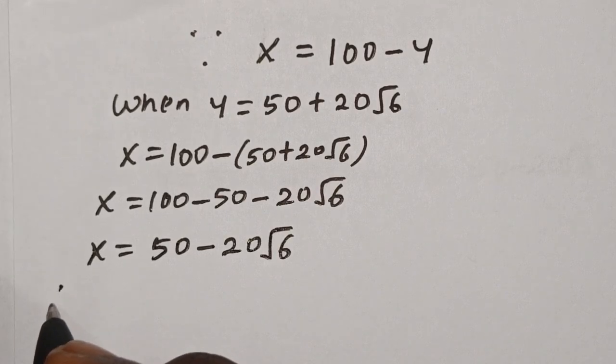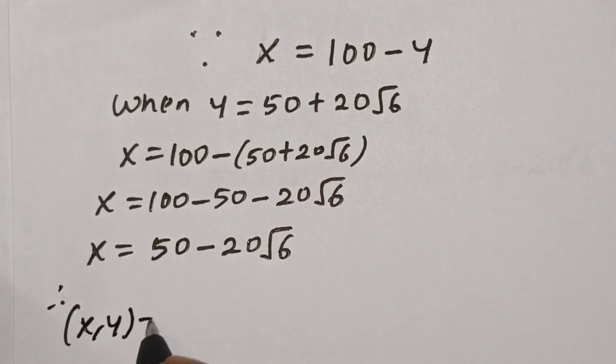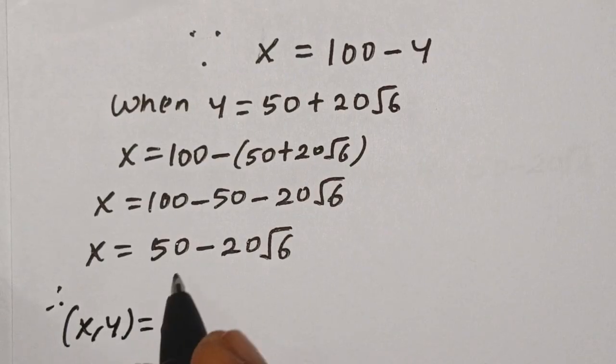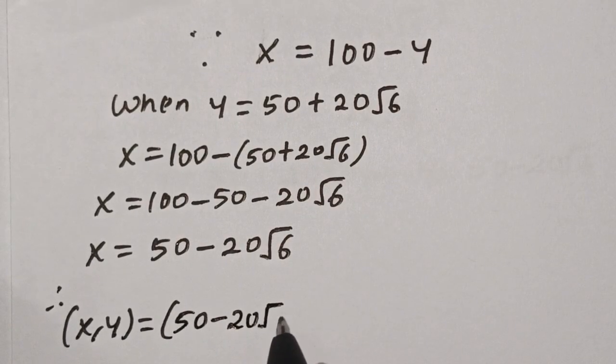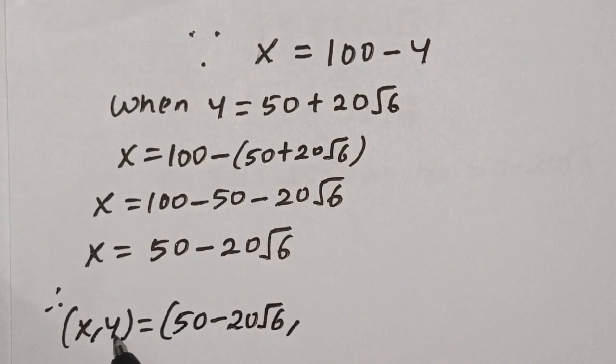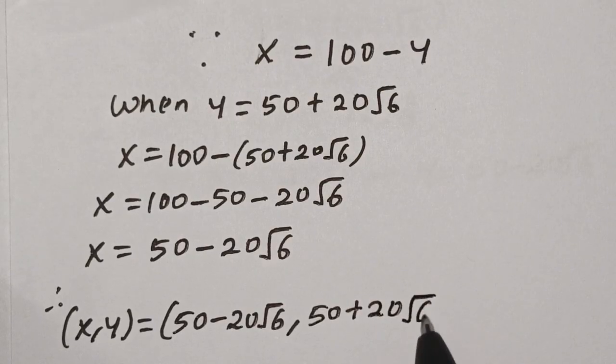So, therefore, the first solution, x comma y, is equal to, x is this, 50 minus 20 root 6, comma, y is 50 plus 20 root 6. This is the first solution.